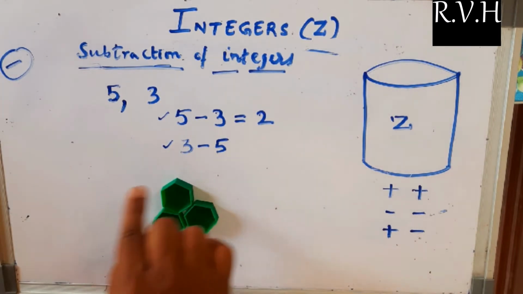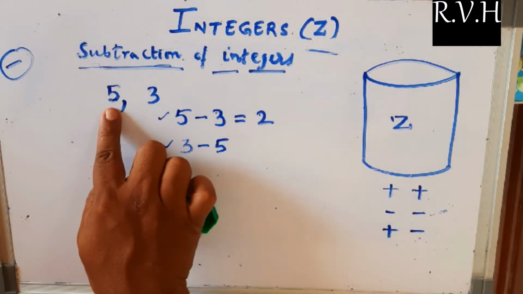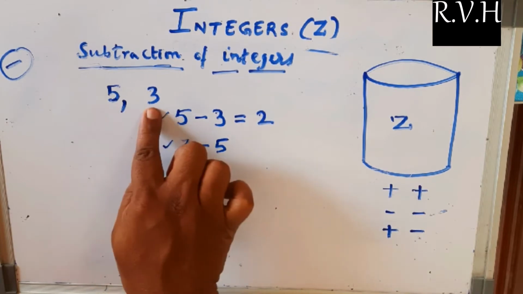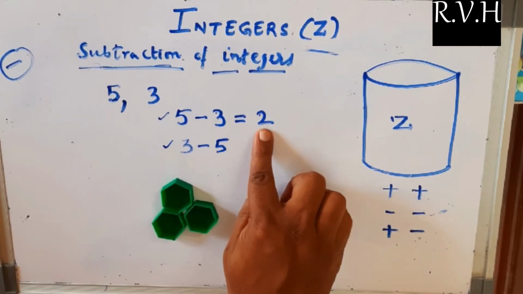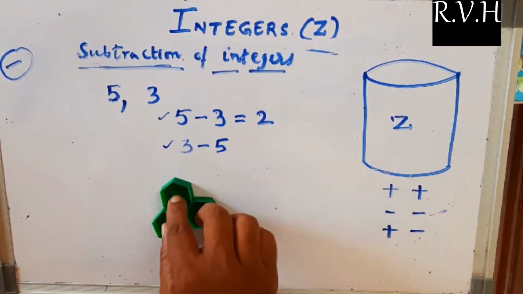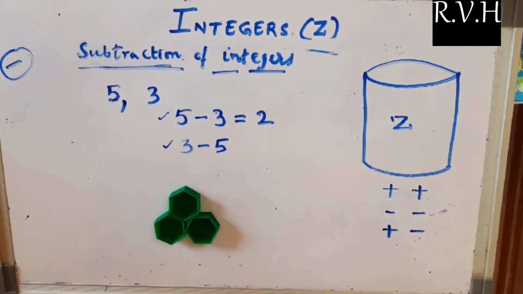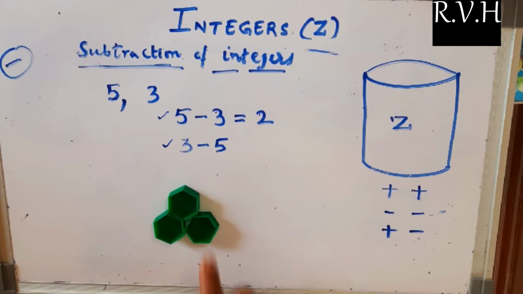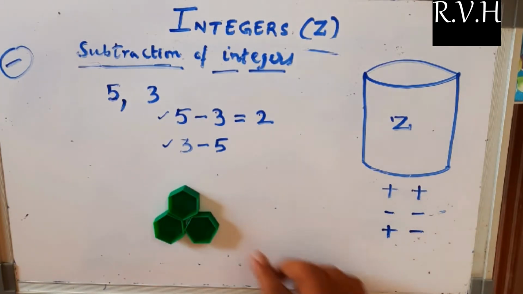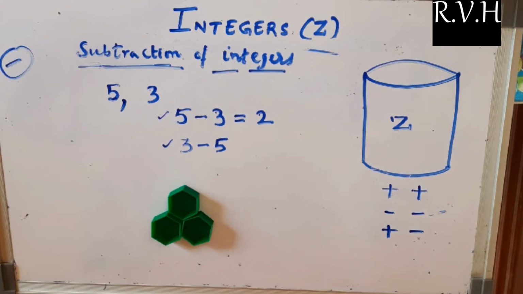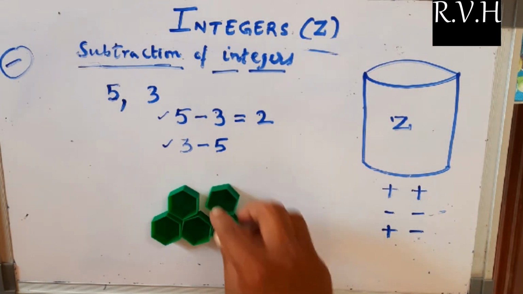So this is the first case. It is very easy. Out of 5 I plucked out 3 and I am left with 2. But here from 3 I have to take 5. This is quite interesting. How can I draw 5 out of this? Since it has no 5 green ones, I introduced 2 green ones.